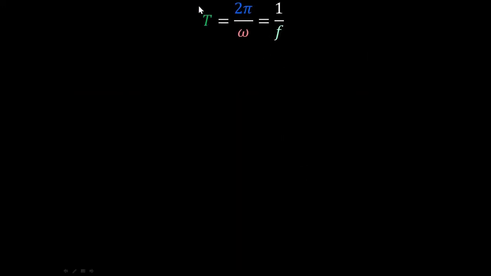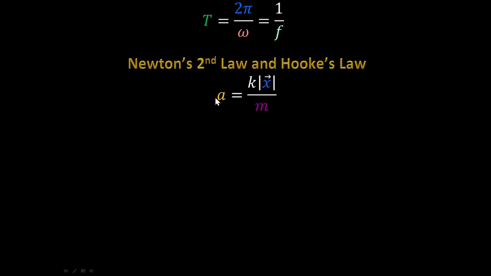So just to recap, the period, the time it takes to go all the way around, is the reciprocal of frequency. And also we can calculate the time it takes to go all the way around by taking the number of angles all the way around divided by how fast it's going around, its angular velocity. We can calculate its acceleration as a function of its position by combining Hooke's law with Newton's second law.